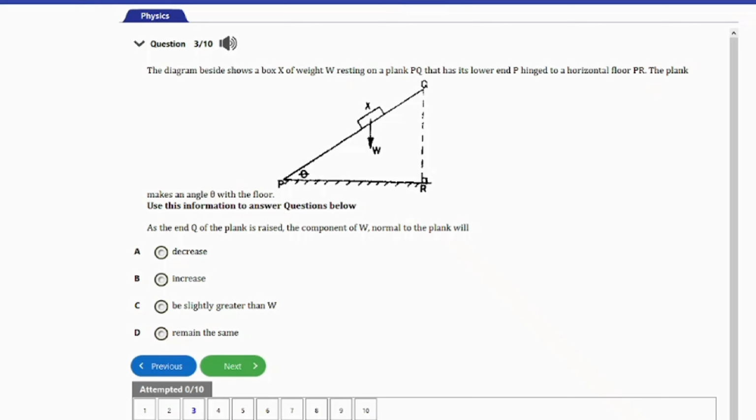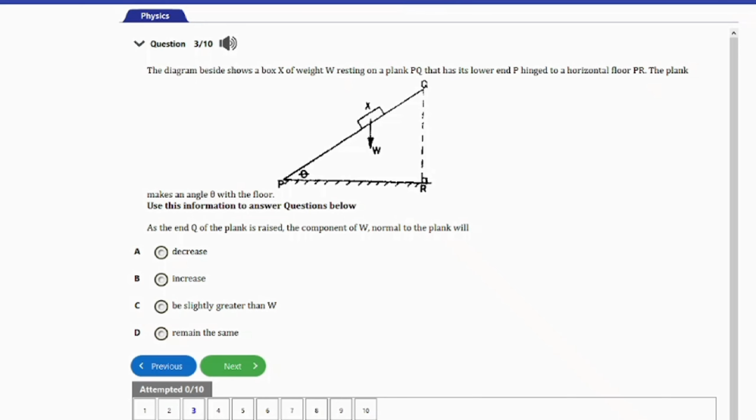As the end Q of the plank is raised, the component of W normal to the plank will: A, decrease; B, increase; C, be slightly greater than W; D, remain the same. So the answer to this question is option A. The component of W normal to the plank will decrease, and that's it for this question.